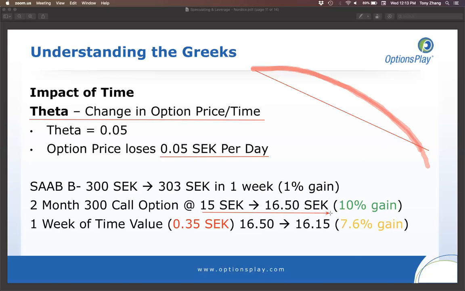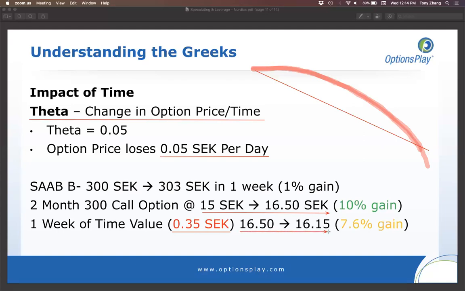But we also have to factor in the fact that the value of an option erodes as time goes on. So in a 1 week time, if the theta is 0.05, 0.05 times 7 days gives us an erosion of 0.35 crowns. So we have to subtract 0.35 crowns from the 16.50, which means that the value of that option erodes from 16.50 to 16.15.